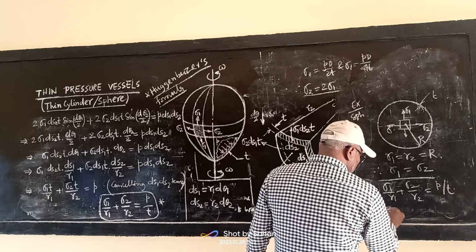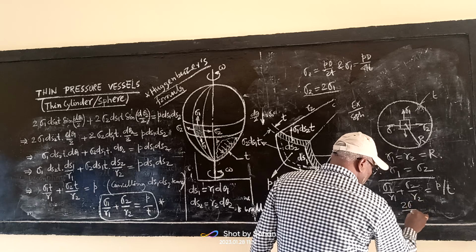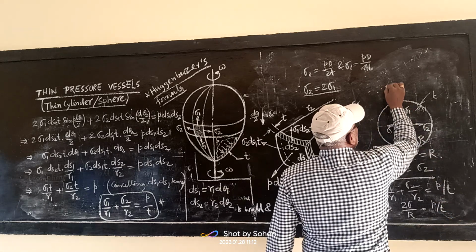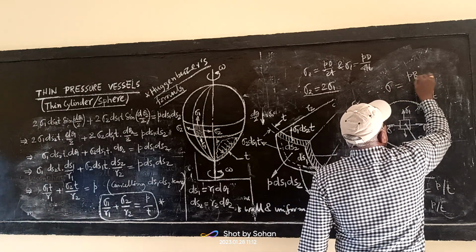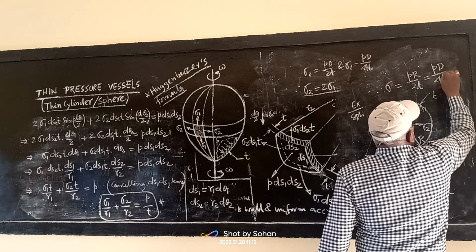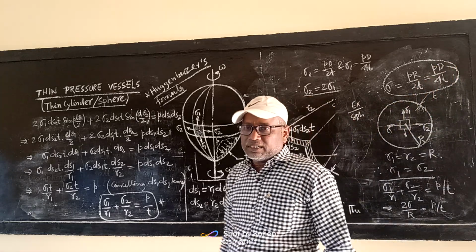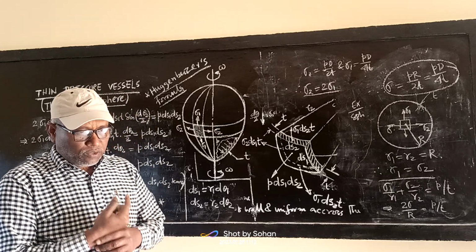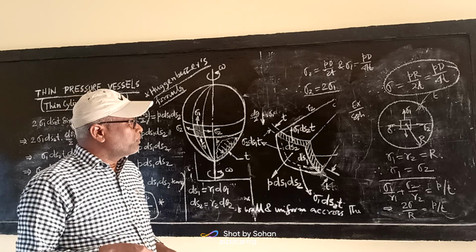So that becomes 2 sigma by R is equal to P by T. Here, in the case of a sphere, we get that the circumference stress, the hoop stress, and the longitudinal stress are equal.